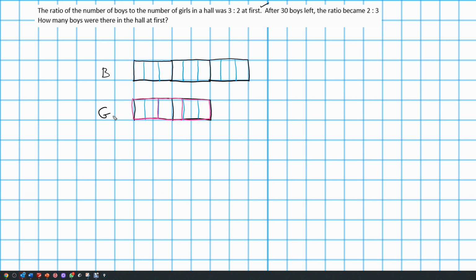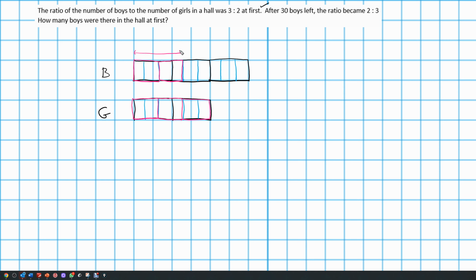Okay, so remember, no girls left, so the 2 parts is converted to 3 parts, and now we have to find, if these are the 3 parts, 2 similar size parts here. So that's 1, okay, and 2. So this represents how many boys are left.